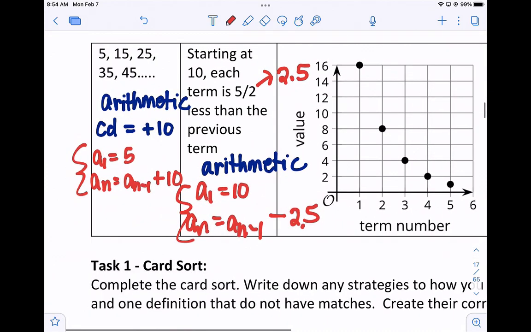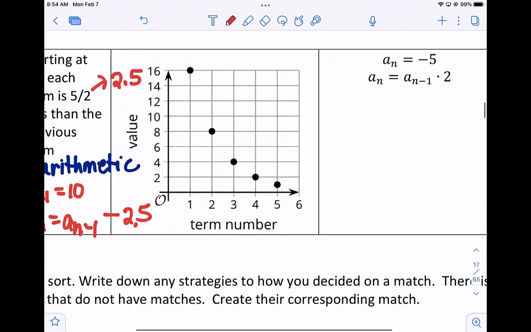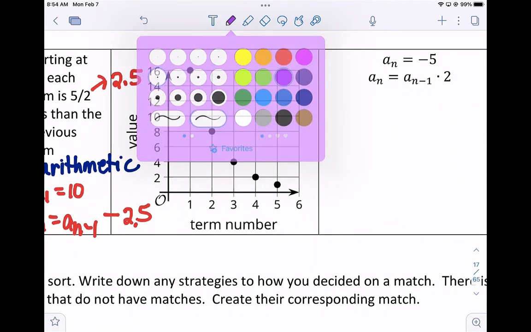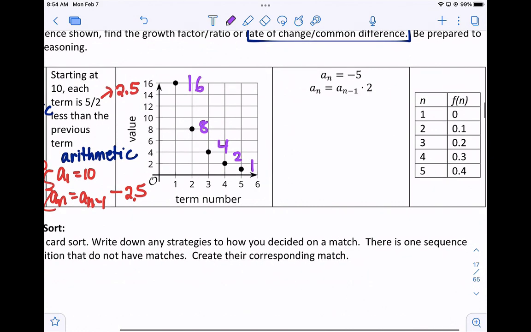All right, I'll take a look at the next one. This one looks like exponential decay. So let's take a look at what it's going down by. So this is 16, 8, 4, 2, and 1. And we can see that the numbers are half of the previous term every time, so this is geometric.